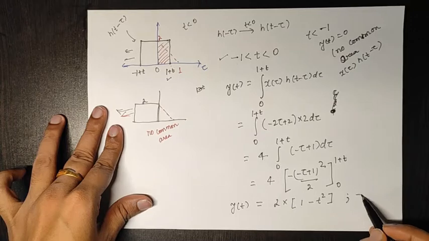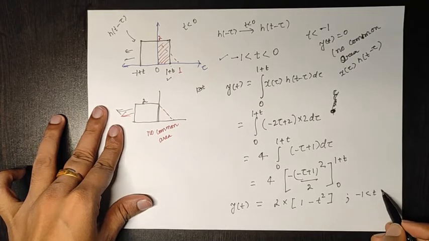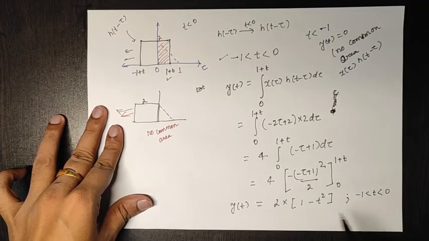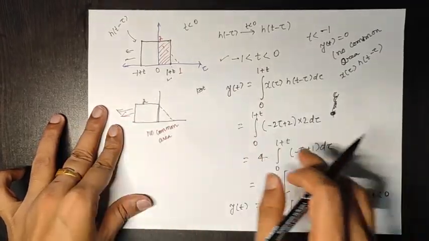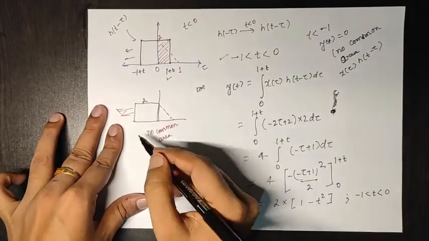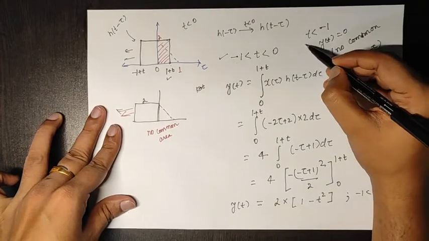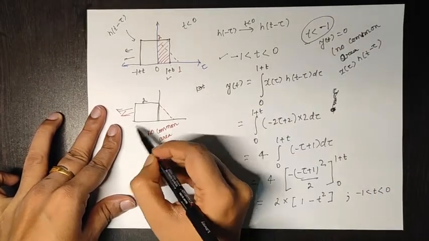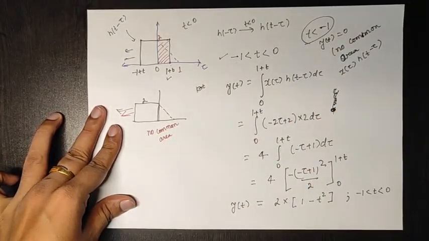for the interval -1 to 0. Now we have done the leftward shifting for t less than 0, because if we shift further for t less than -1, then there will be no common area, y(t) will be 0.